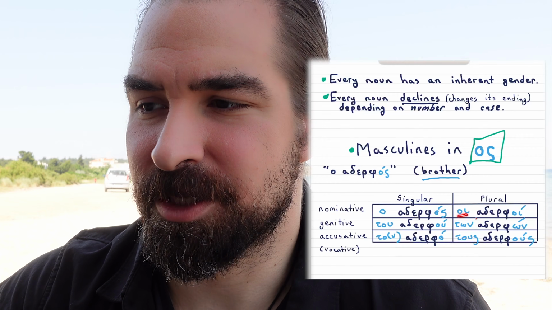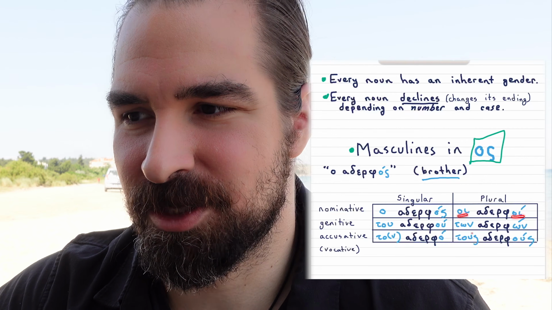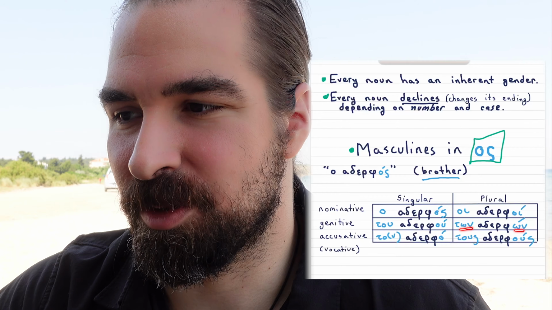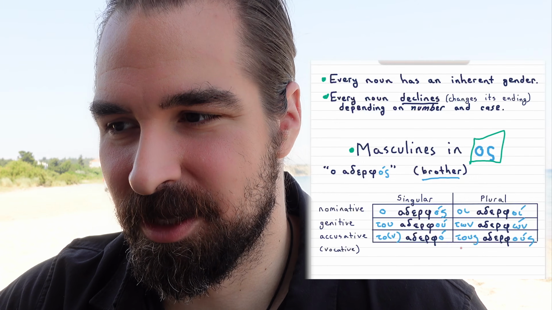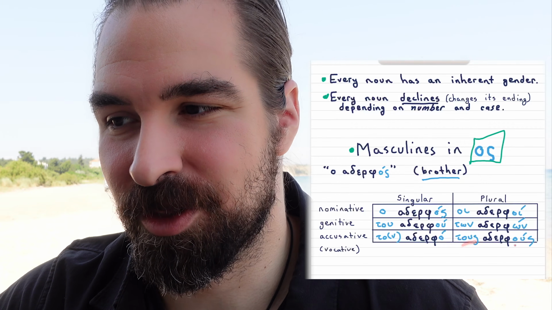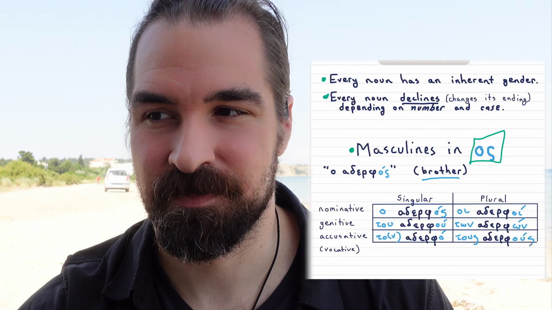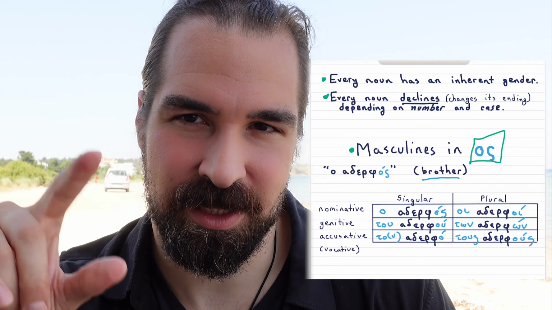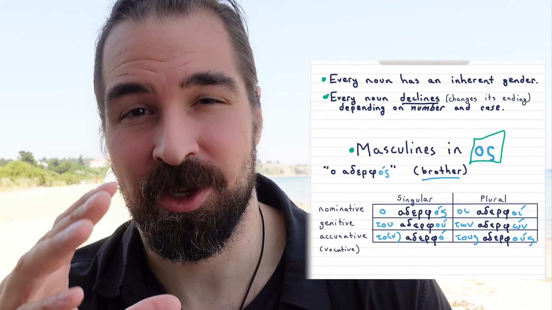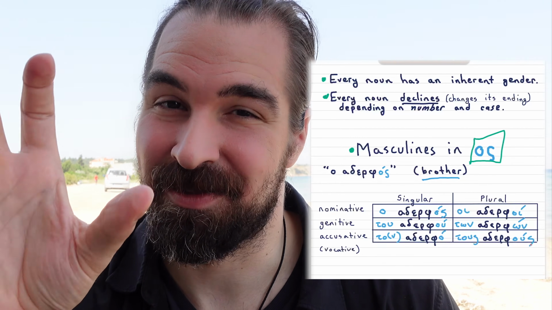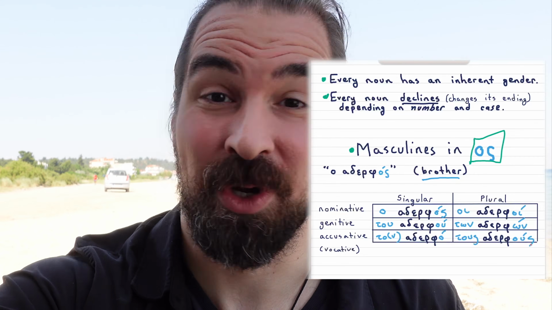Oi matches with foi. That's nice. Ton matches with fon. That's nice. And tous matches with fous. That's also nice. So those are the masculine nouns ending in os. This is how they will decline. That is, this is how they will change their ending depending on what case they're in.